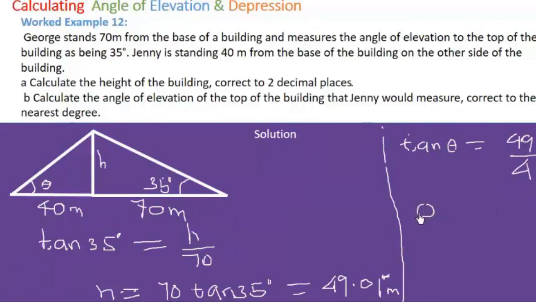So theta will be equal to the tan inverse of 49.01 over 40, and this is approximately equal to 51 degrees.